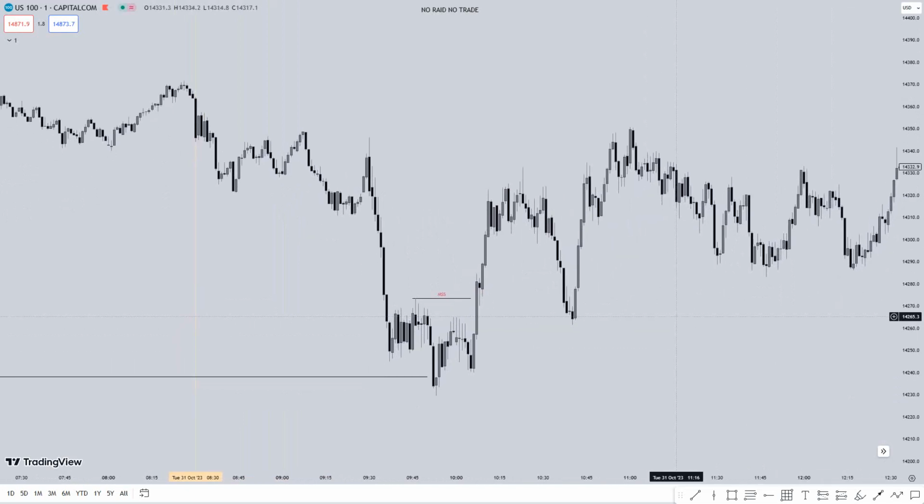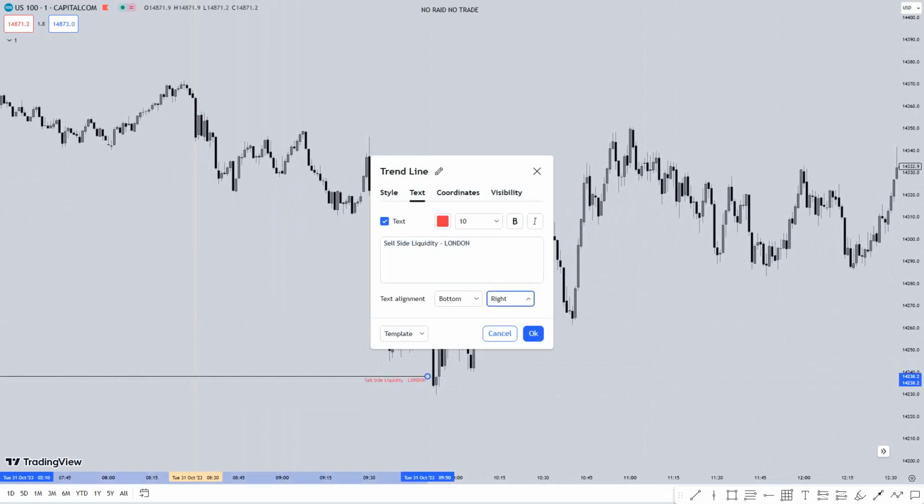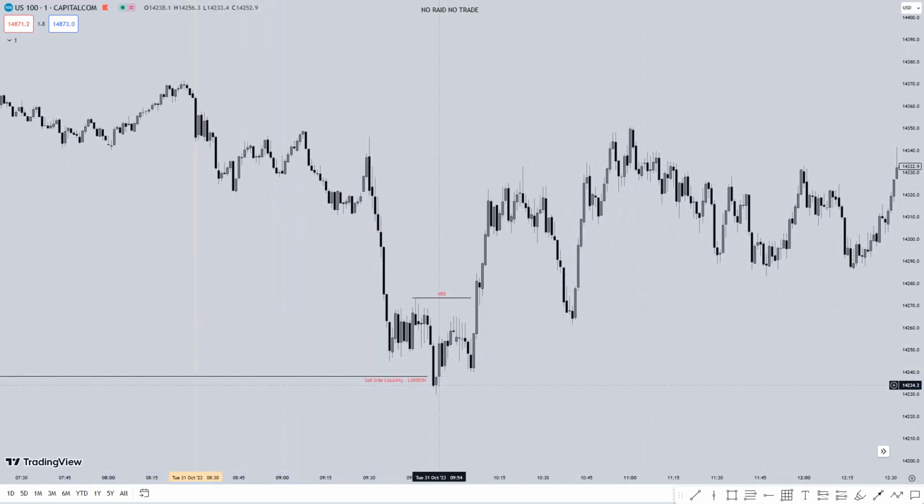So once we trade within that sell side liquidity right there, you want to wait for price to break a high. The break towards the upside has to be obvious. Like this move was an obvious move. So why am I using this high and not that high? Because this high trades lower into that sell side liquidity. So that's why I'm using this high right here, and not the high after that, meaning this one right here.